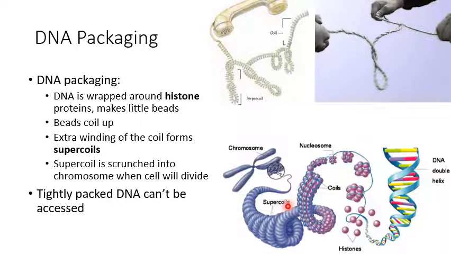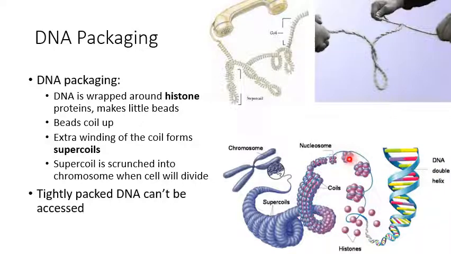So you're going to have at any given time part of the DNA in your nucleus supercoiled, and then part of it will be less tightly packed than that. Part of it will be more like just the coil or even just the beads on a string. To actually get in here and read this DNA so you can build mRNA from it, you would need to even get rid of these beads on the string.